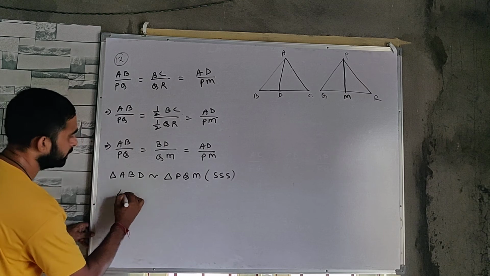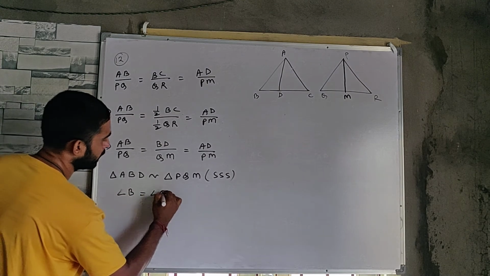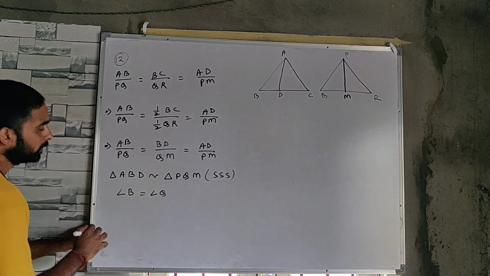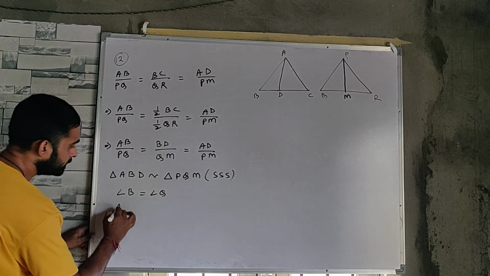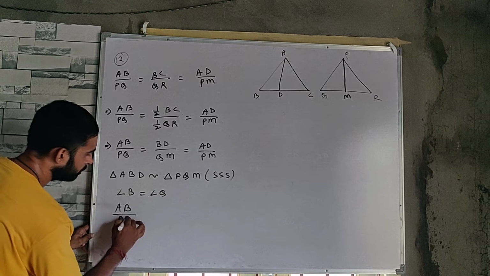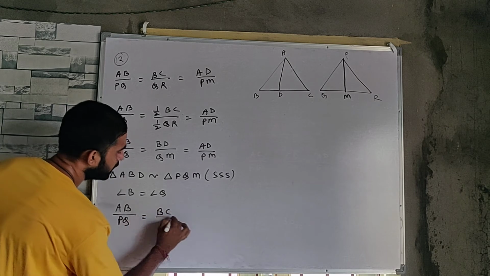If they are similar, then angle B equals angle Q. Now again see what is given: AB by PQ equals BC by QR.